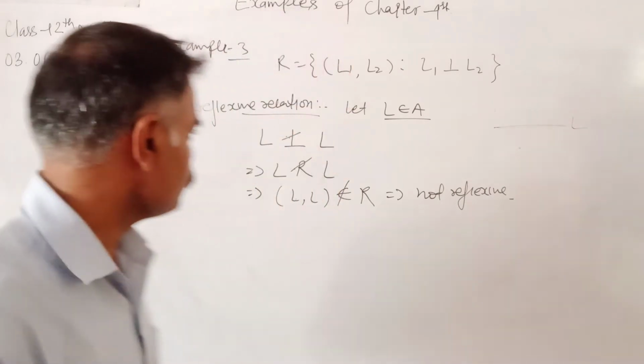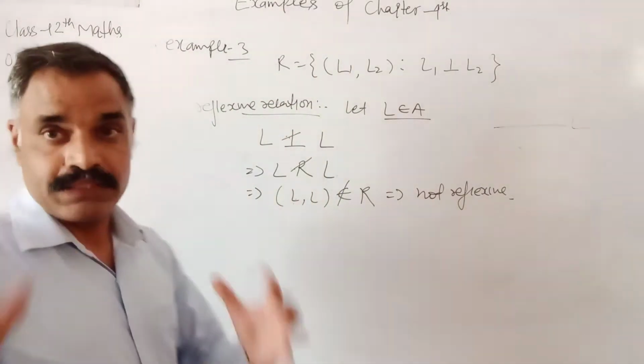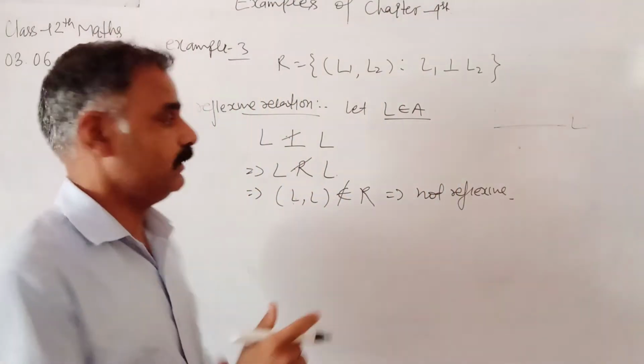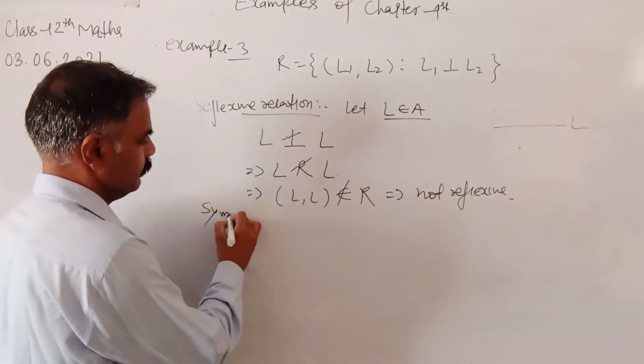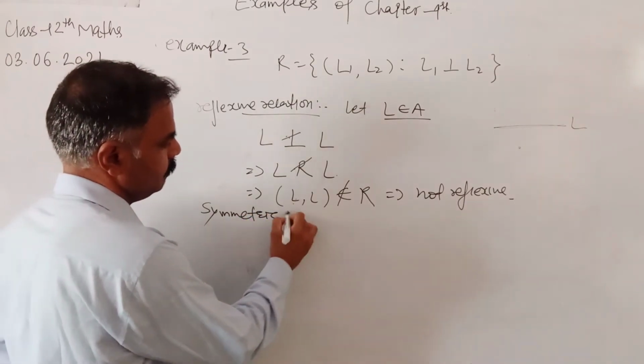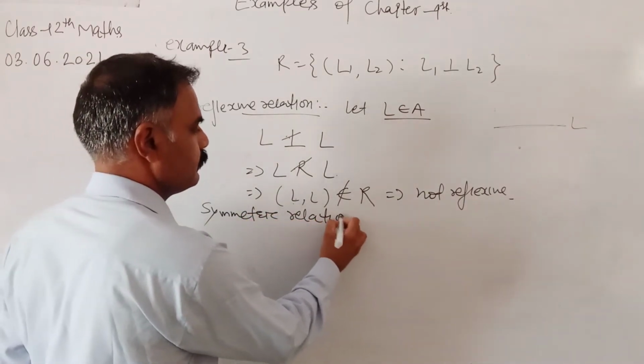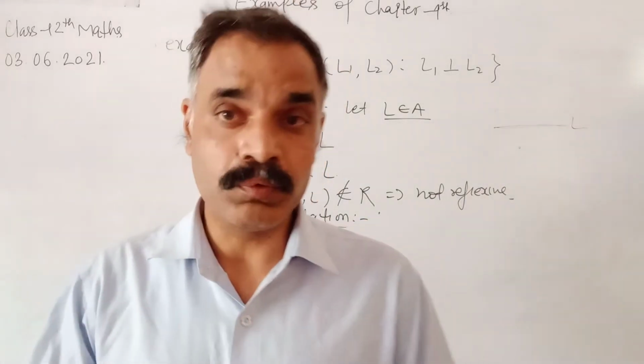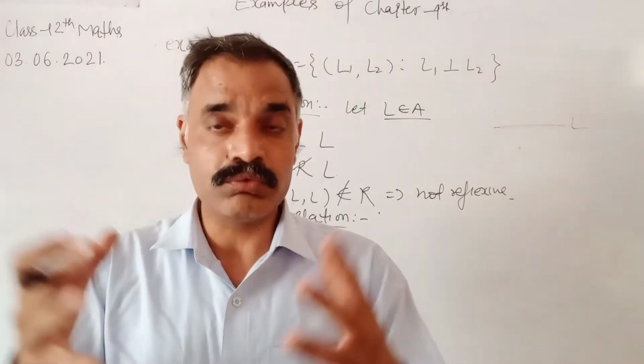Okay. Now we will check whether the given relation is symmetric. For a symmetric relation, or to prove that the given relation is symmetric, we require two lines.